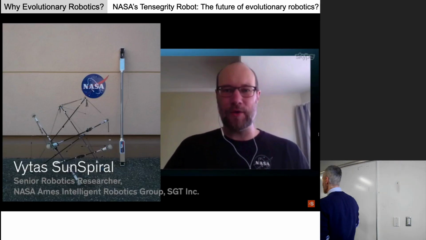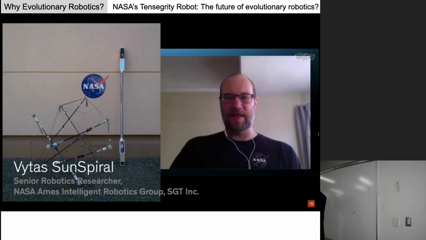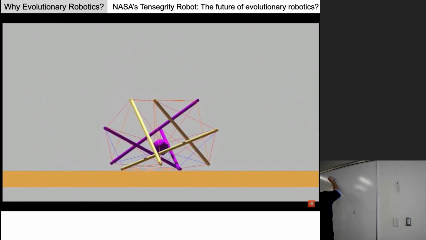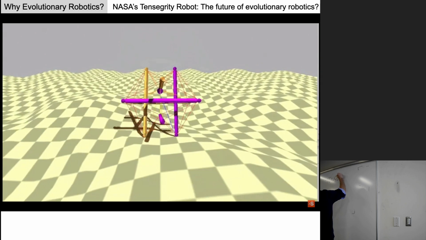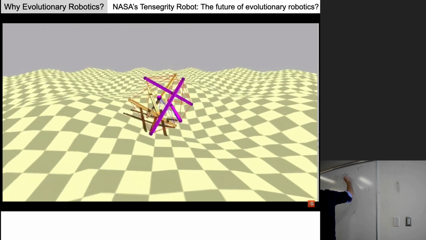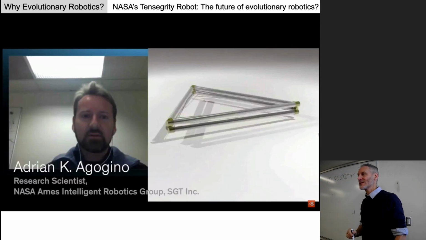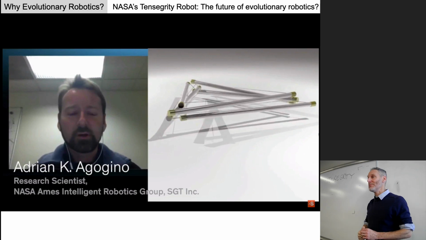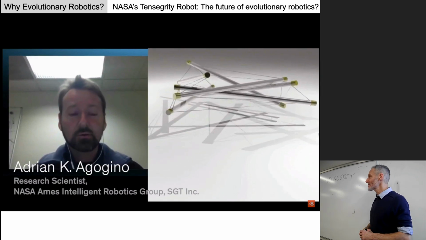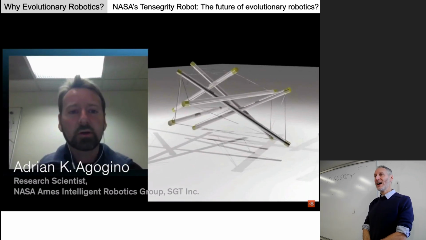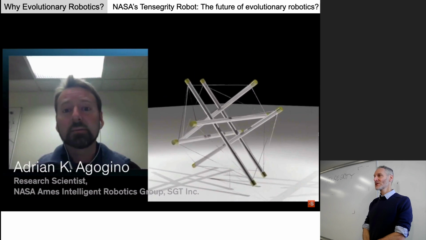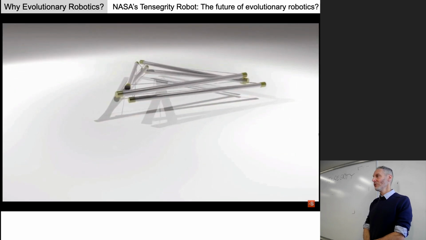You can hear the NASA engineers waxing poetic about how cool Tensegrity robots are, but you should be able to probably pick up just from the videos why Tensegrity robots are an interesting type of body plan, or why NASA is particularly interested in these kinds of robot bodies. What's so great about Tensegrity robots?